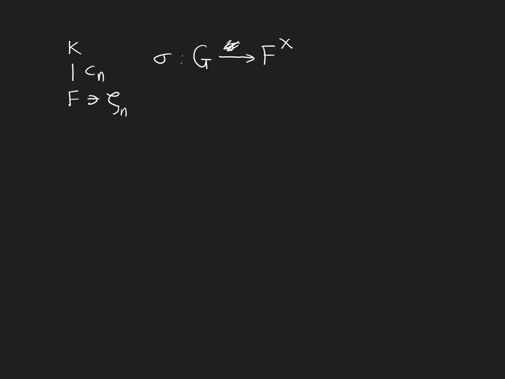If you've got a group homomorphism from a group G, which could be finite or it could be infinite, into the multiplicative group of a field F, then such a group homomorphism is called a linear F character. And you can, if you like, replace linear with degree 1. So a linear or a degree 1 F character of G.